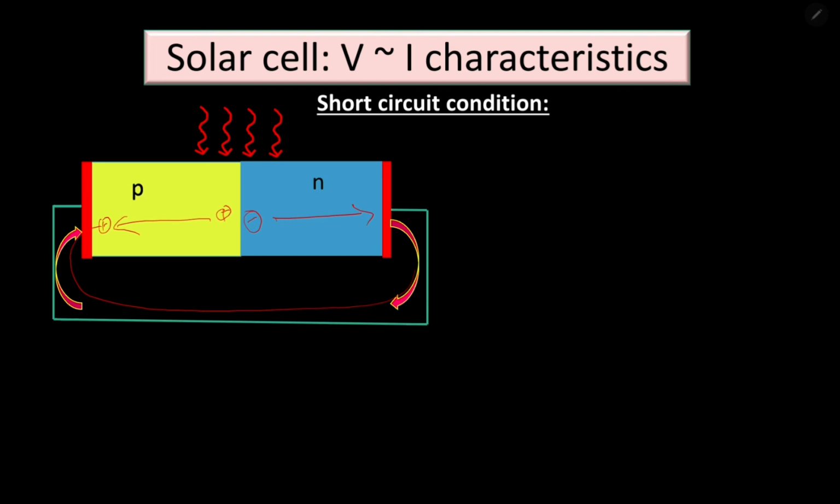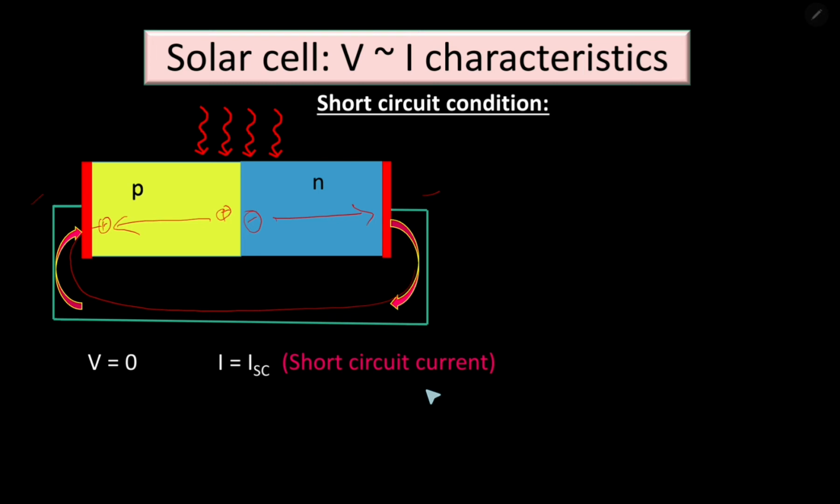And if there is a free flow, we are getting a maximum current. But the voltage, as we are connecting this point and this point, the potential here is the same as the potential here. And the potential difference is equal to 0. So V equals 0, which is obtained when the current flowing through the device is maximum. And this current is known as short circuit current.